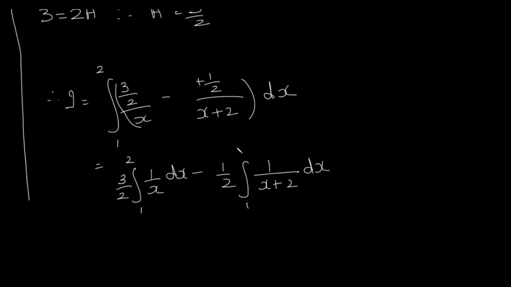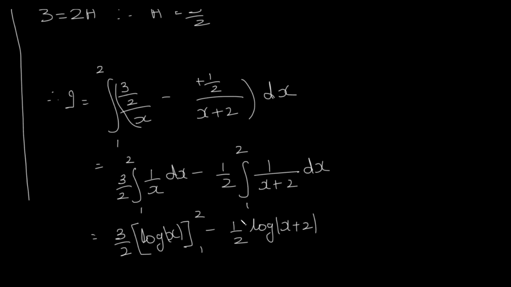Over here the limits are 1 to 2 again. So in the first answer we get 3 upon 2 log mod of x from 1 to 2, minus 1 upon 2, again we get log of x plus 2 from 1 to 2 again.